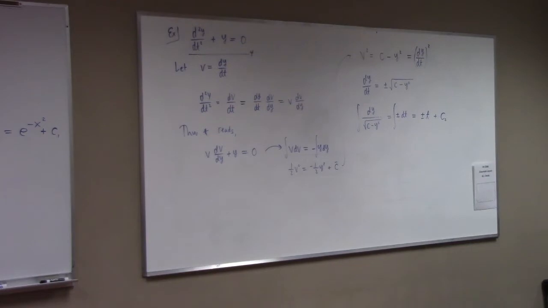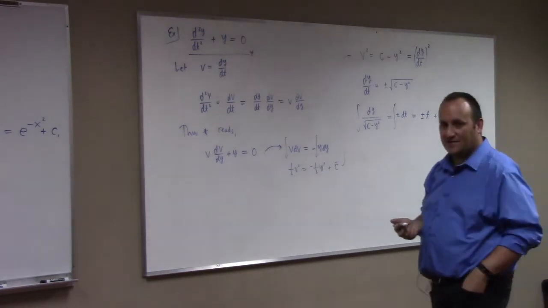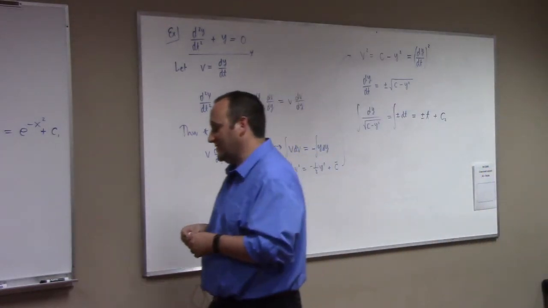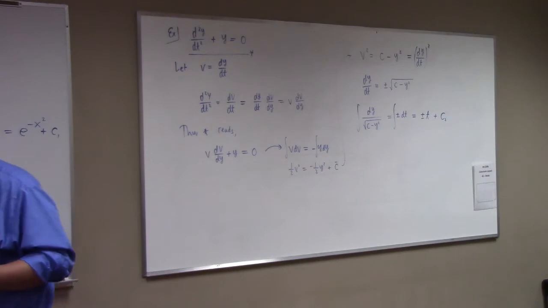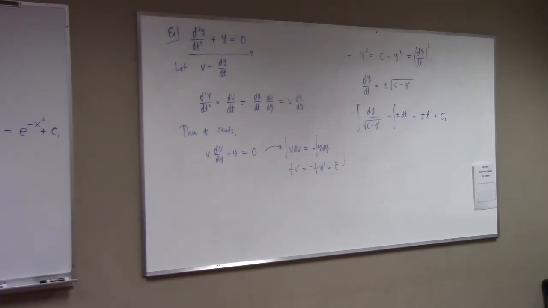Now, the other side, of course, is a trig substitution, yeah? So if instead of C, if you allow me this sleight of hand to trade my c for a c squared, it makes it easier for me to write the solution.